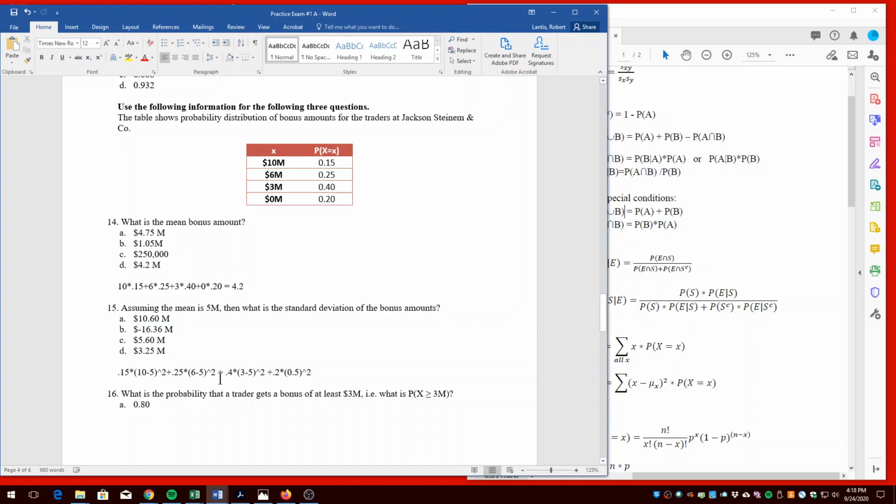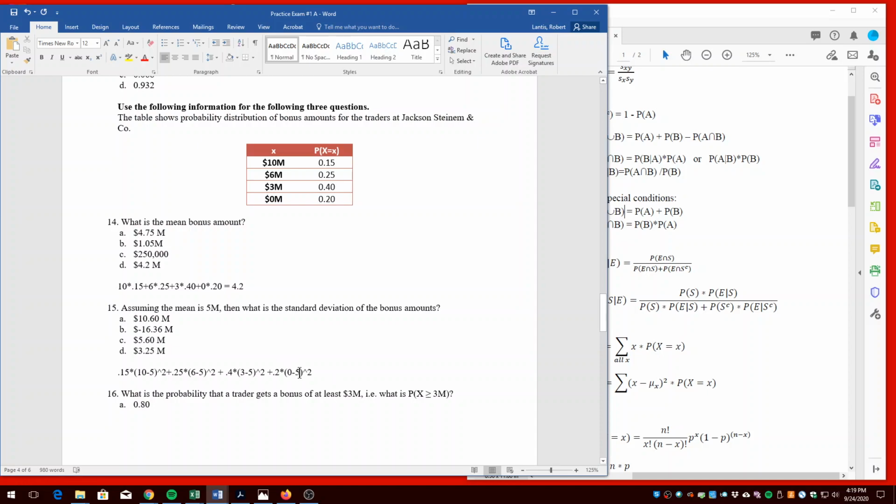So if I enter this in my calculator, which I'll do here, plus 0.25 plus 0.4 times 2 squared plus 0.2 times. Oh, also, sorry, I made a typo here. I accidentally hit period instead of a minus, right?